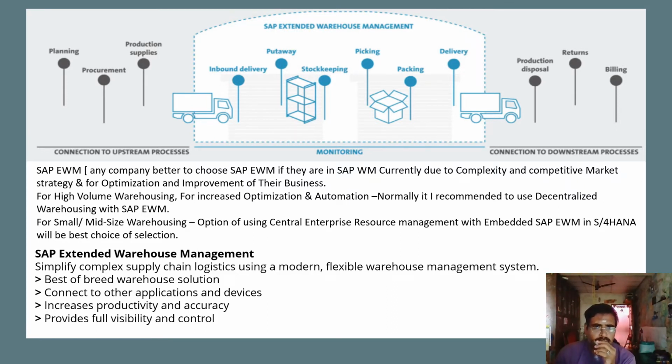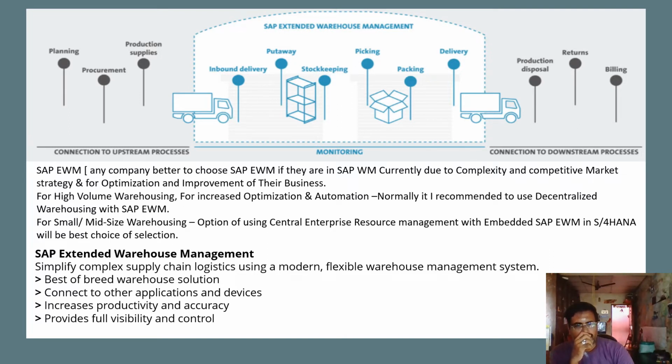For high volume warehousing, for increased optimization and automation, it is normally recommended to use a decentralized warehouse system with SAP EWM as a dedicated solution. For small and mid-sized warehousing, the choice would be central ERP resource management with embedded EWM in S/4HANA.